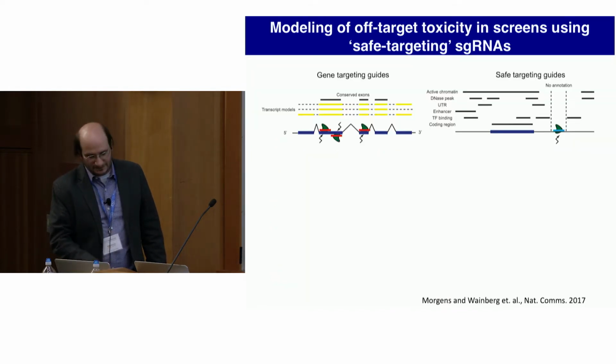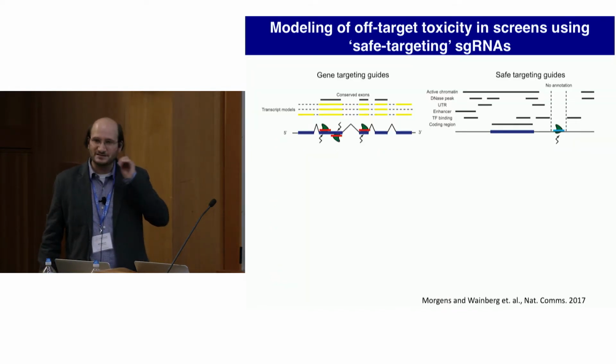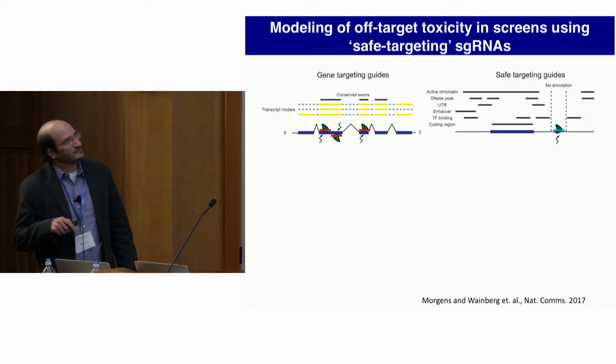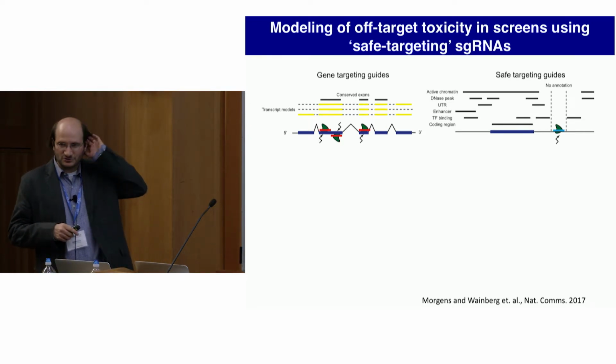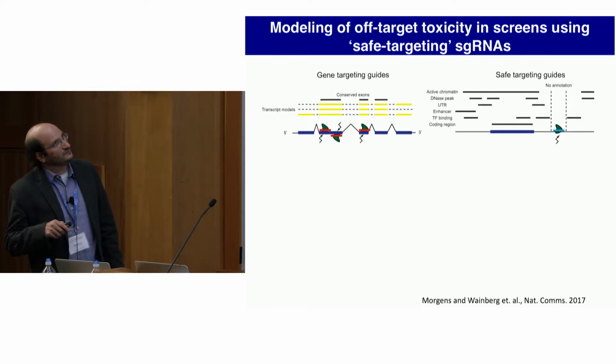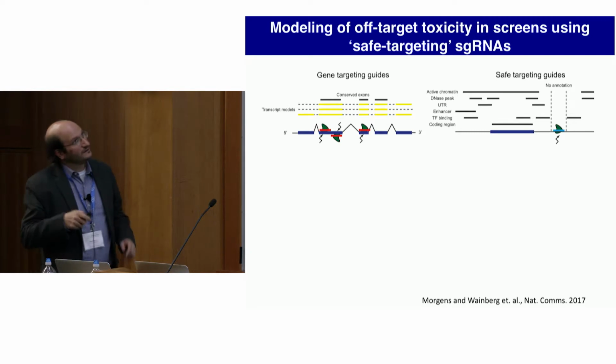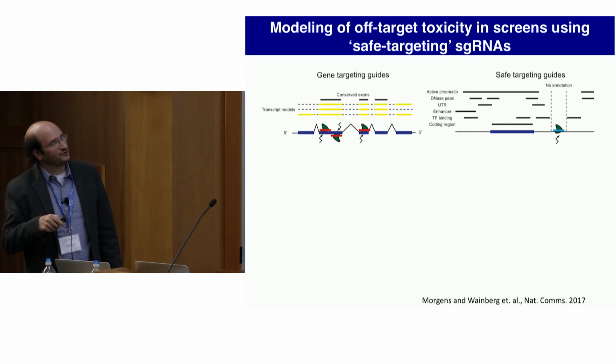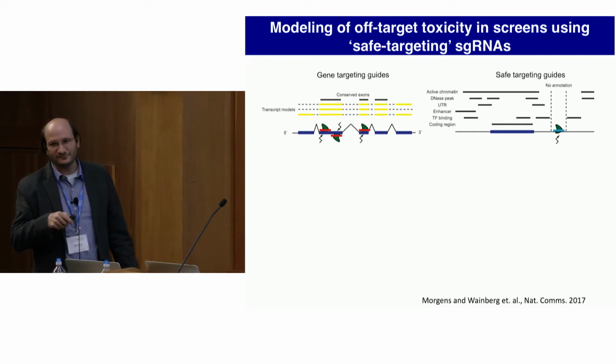We've actually found even a single cut has a measurable effect on growth. So I'm showing you a library that we built to try to make an effort at controlling for this effect. We built our own genome-wide CRISPR cutting library, where we had a set of negative controls that targeted what we thought should be safe regions in the genome.